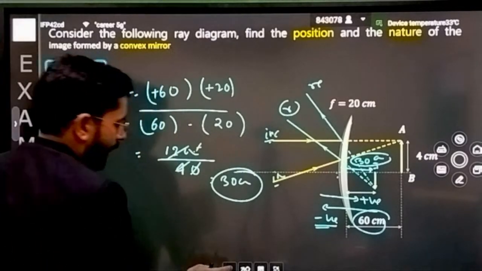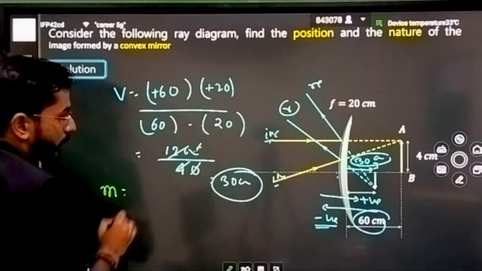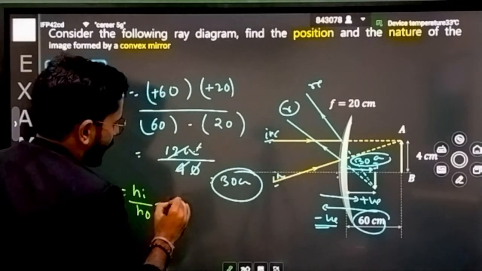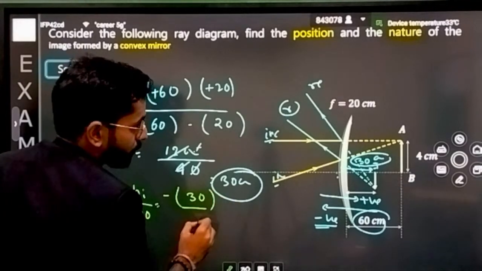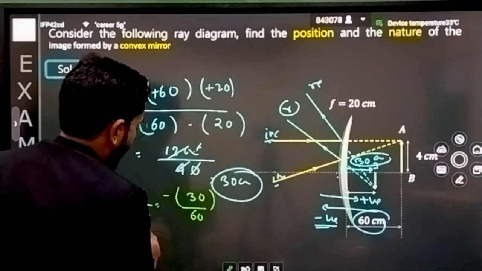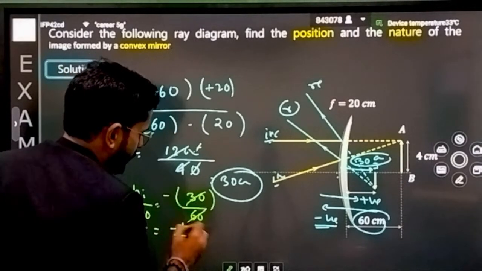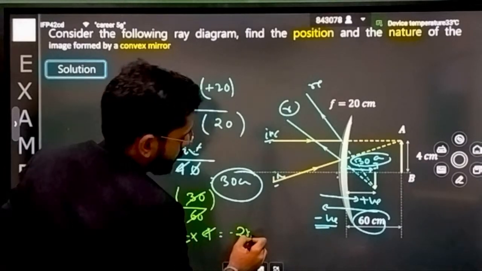Now let's check the magnification. What is the magnification? Height of image divided by height of object is equal to minus v by u. Now what is v? That is 30. And what is u? That is 60. And if I have to calculate the height of image, I will simply do 1 by 2, this ratio, multiplied by 4. It will be minus 2 centimeter.